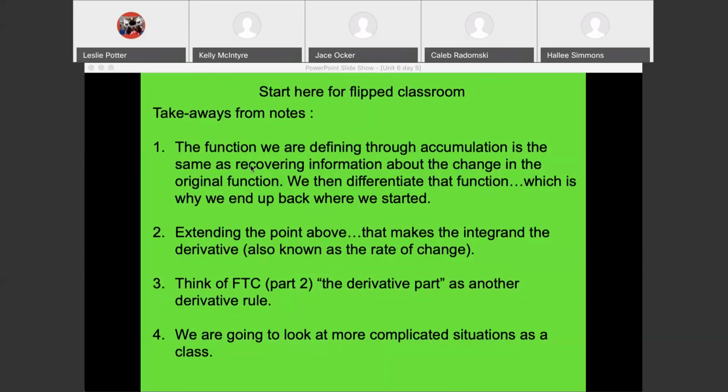So extending number 1 here, that makes the integrand the derivative. Okay, that's what I just got done saying, right? That's in your notes, that's the 2t. The integrand is that thing that's between the integral symbol and the dt. Okay, so I'm just going to say this, and I'm not going to get too far into it because it kind of relates back to Riemann sums.